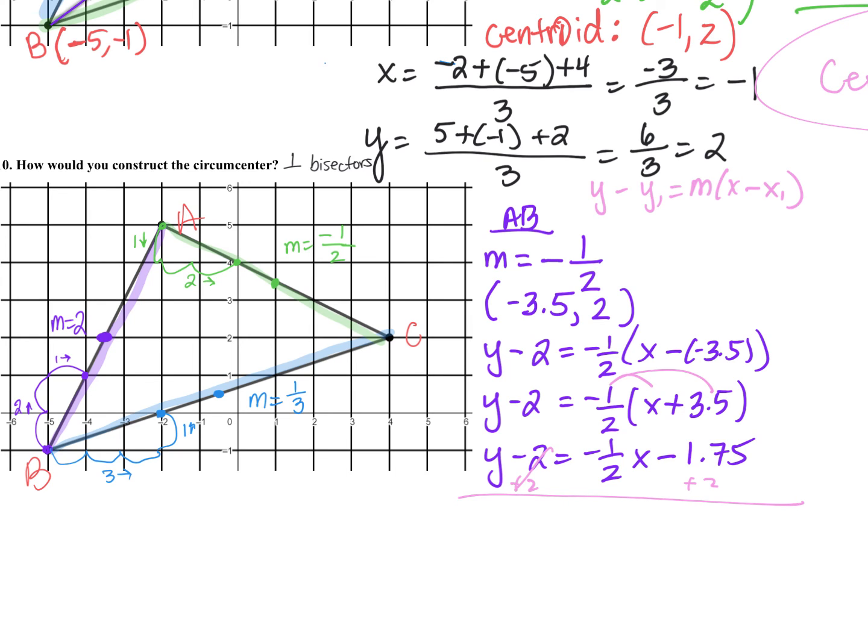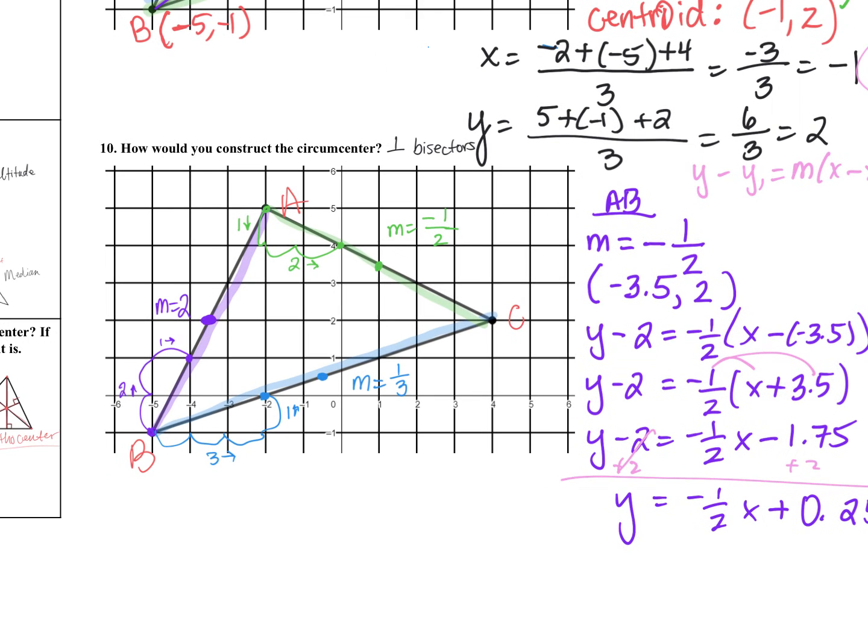That's going to give me y equals negative 1 over 2x plus, not 1 point, it is 0.25. Couldn't think. All right, so here is our equation for the perpendicular bisector for AB.